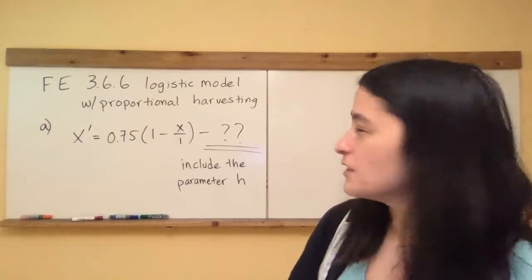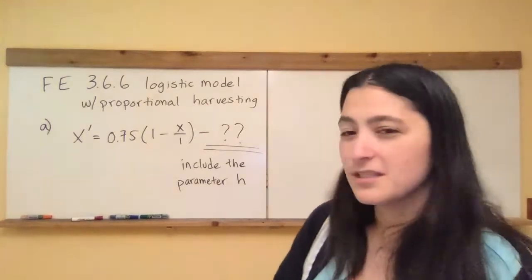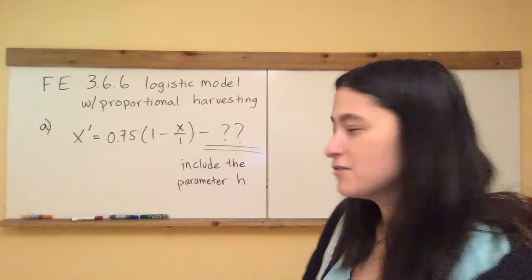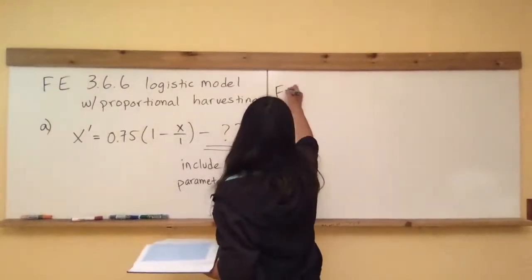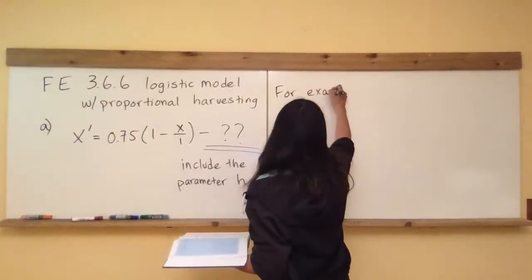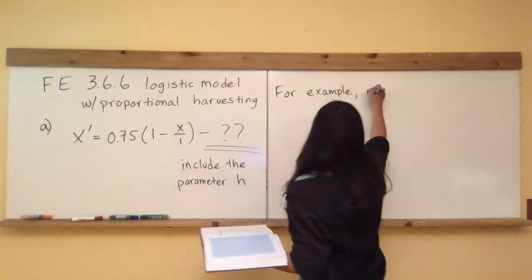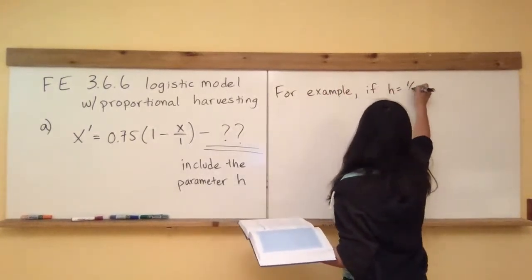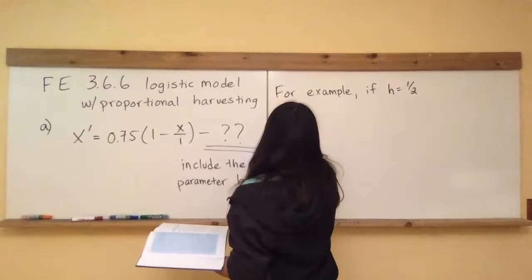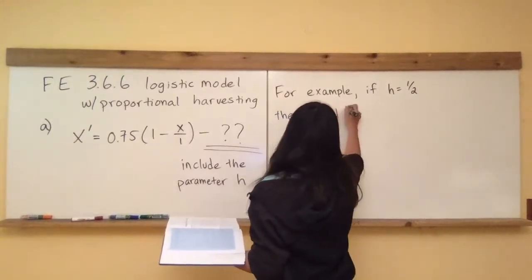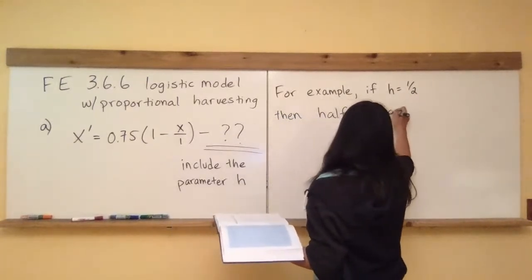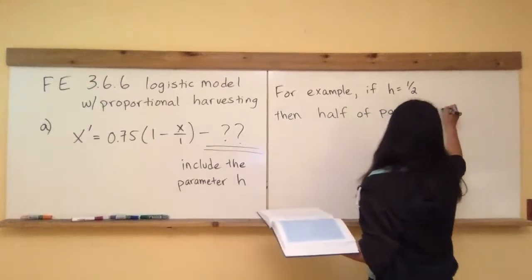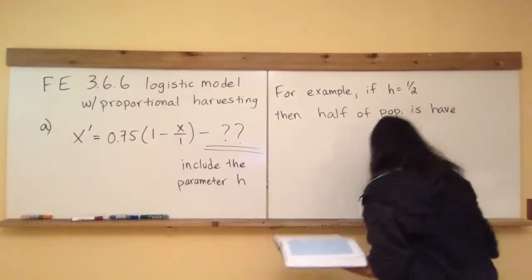That's what I'm trying to give you, a kind of a leading hint. So for example, if h is equal to 1/2, then half of the population is harvested each year.